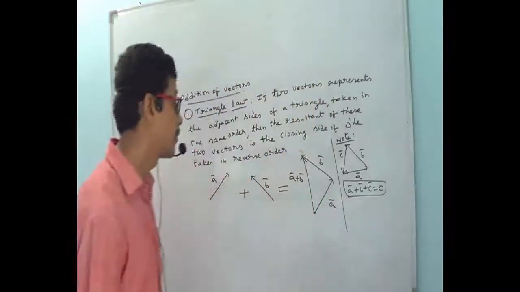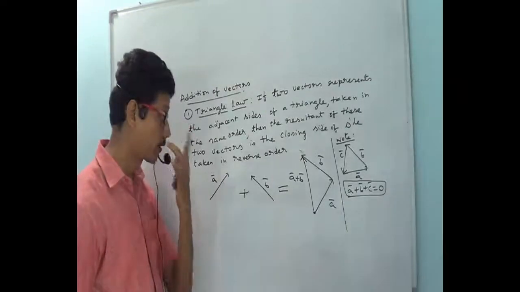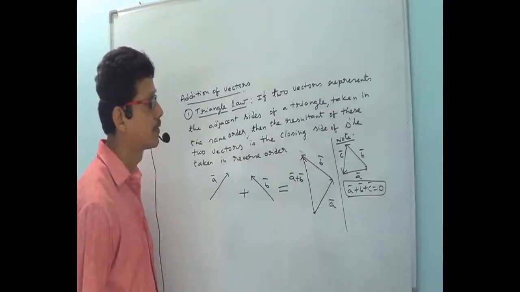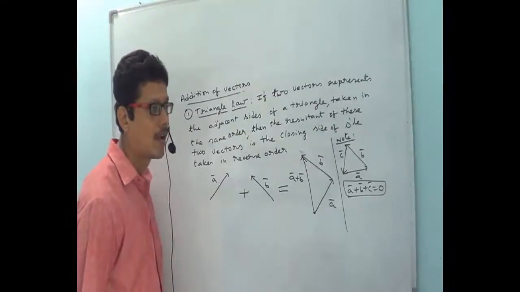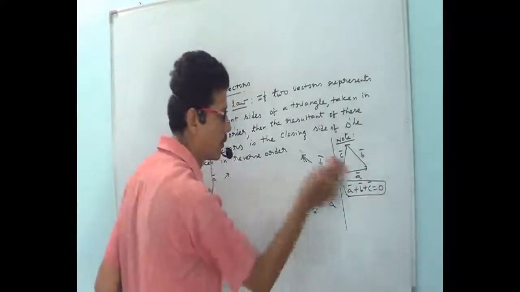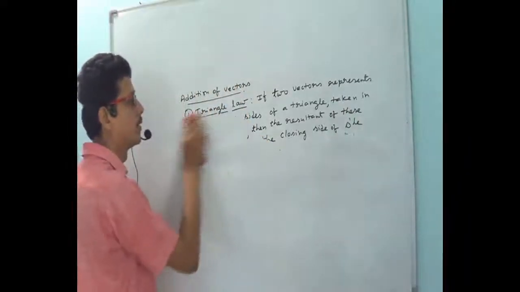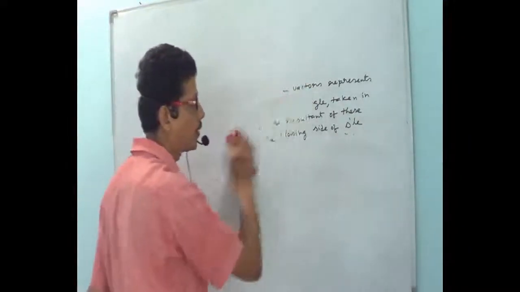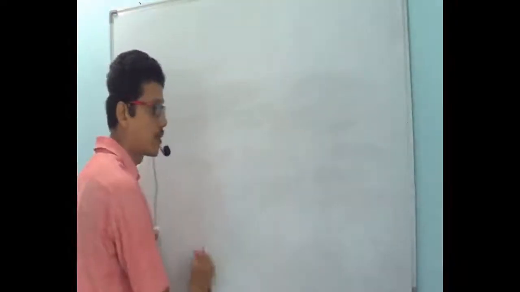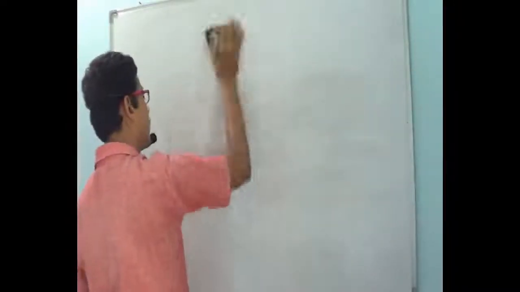Polygon law. If there are more than two vectors, then we have to apply the polygon law of vectors. So polygon law is the law which we have to use if there are more than two vectors.